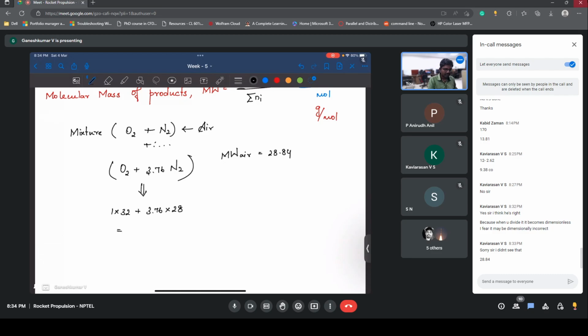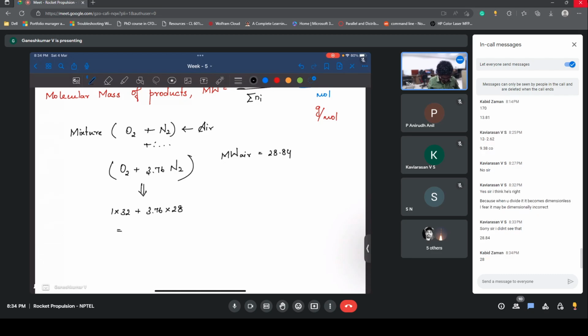How much is this coming? This is 32 plus 105.28, which is 137.28. So this is the total grams. It's not gram per mole, right?